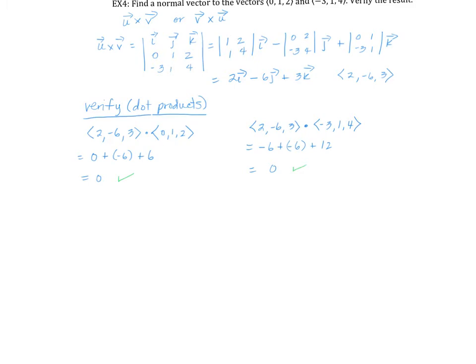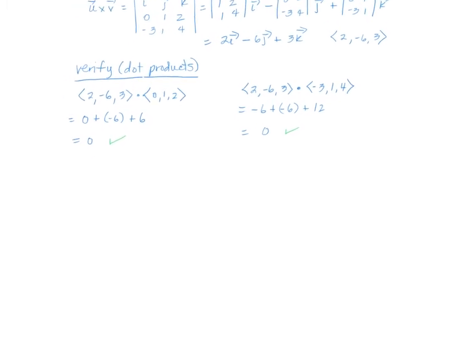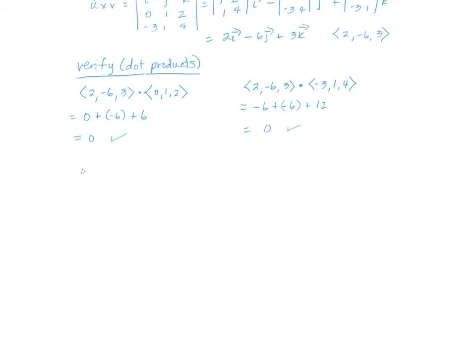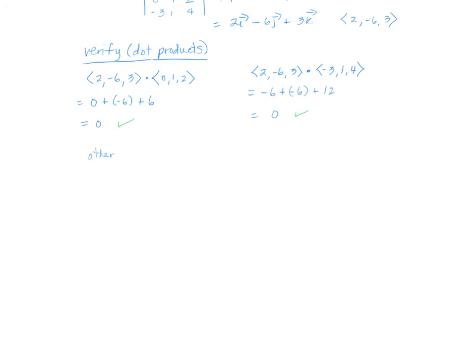Now, if I did use the other order, v cross u, and you can do this on your own if you wish, you'll find that the vector you get will simply be the negative of the vector that we got. So the other vector that would be normal using cross products would be ⟨-2, 6, -3⟩.